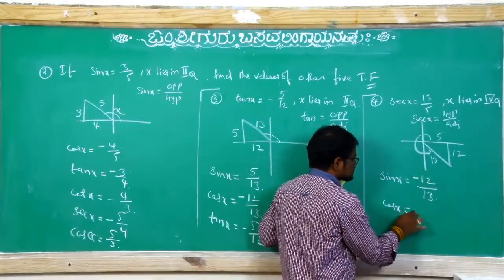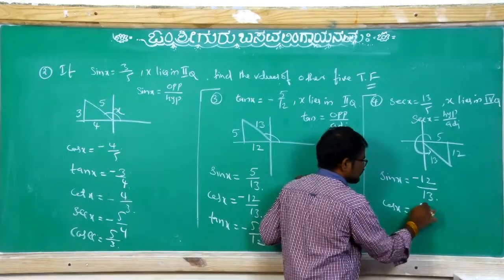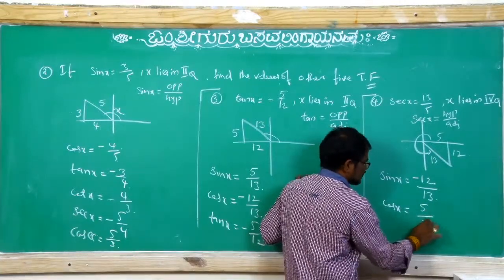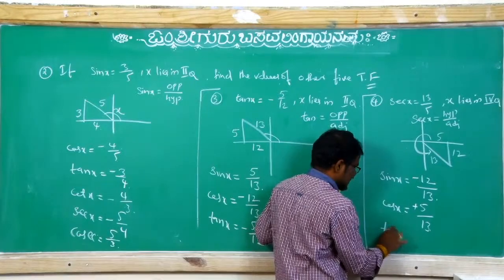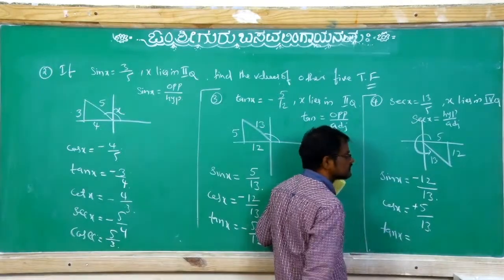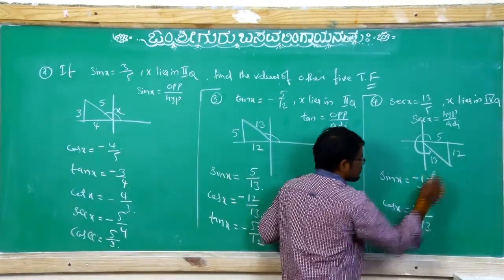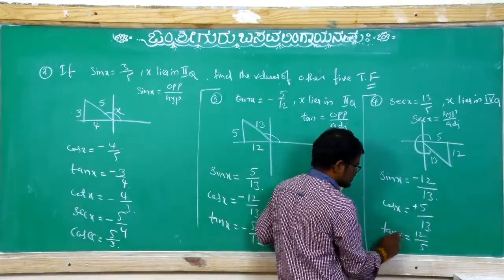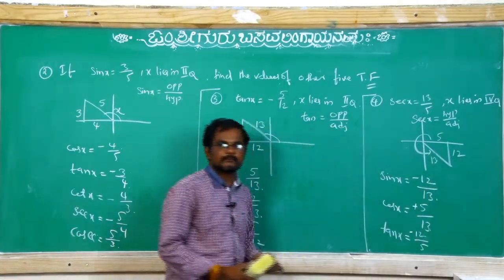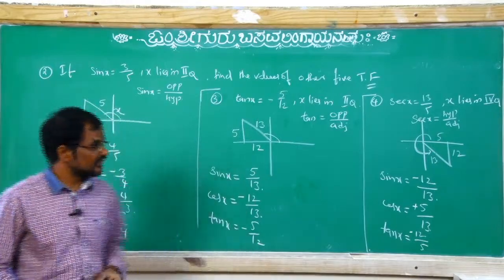Next cos x, adjacent side 5 by 13, in the fourth quadrant cos is positive, plus. Next tan x equal to opposite side 12 by 5. In the fourth quadrant tan is negative, so that's why what we have to take? Minus 12 by 5. Okay. Next.